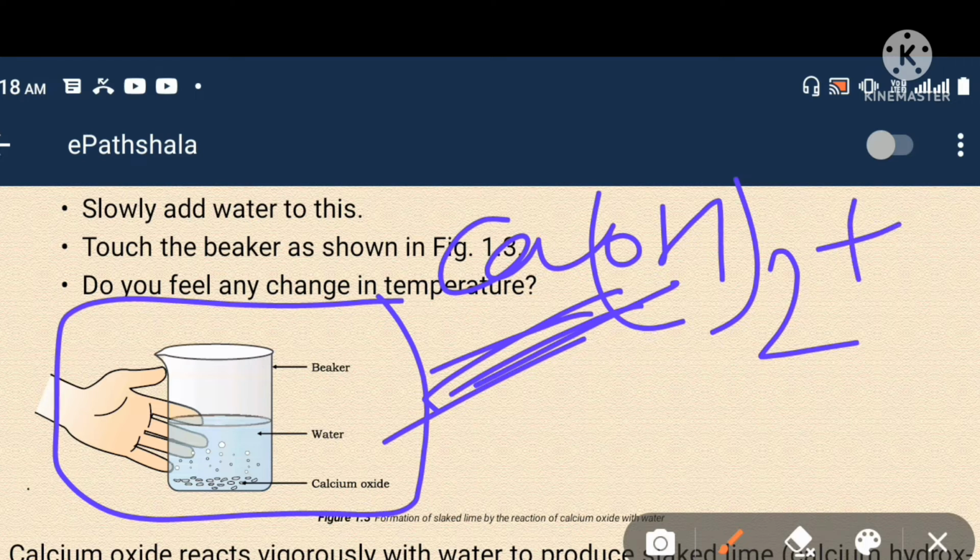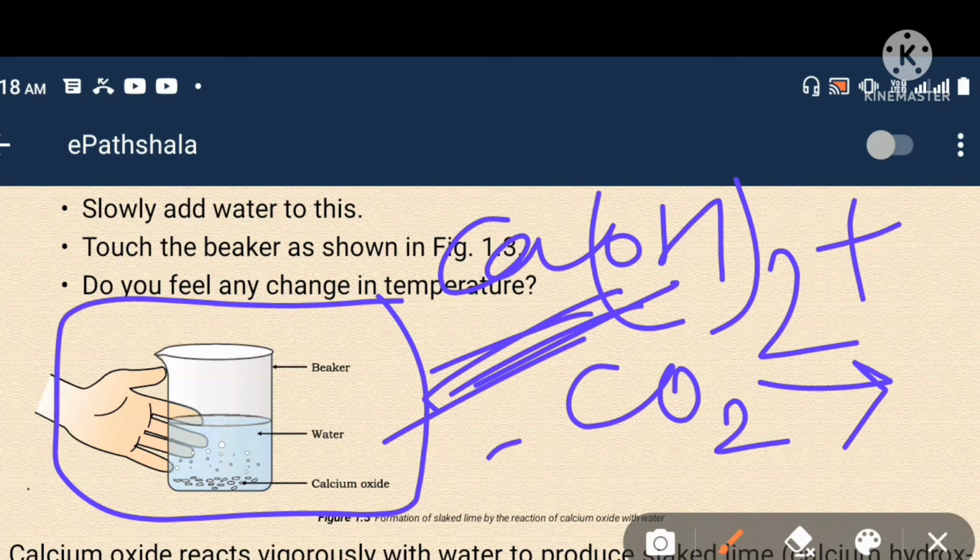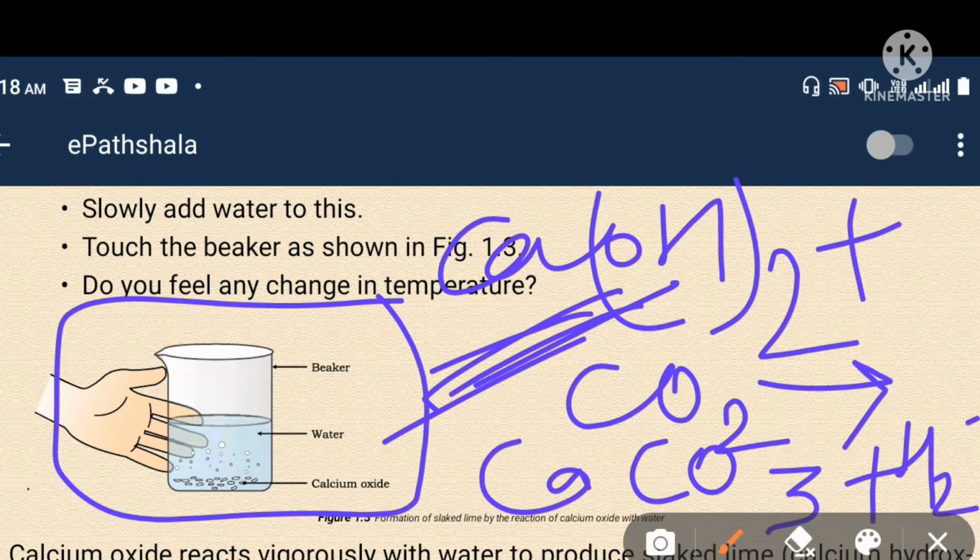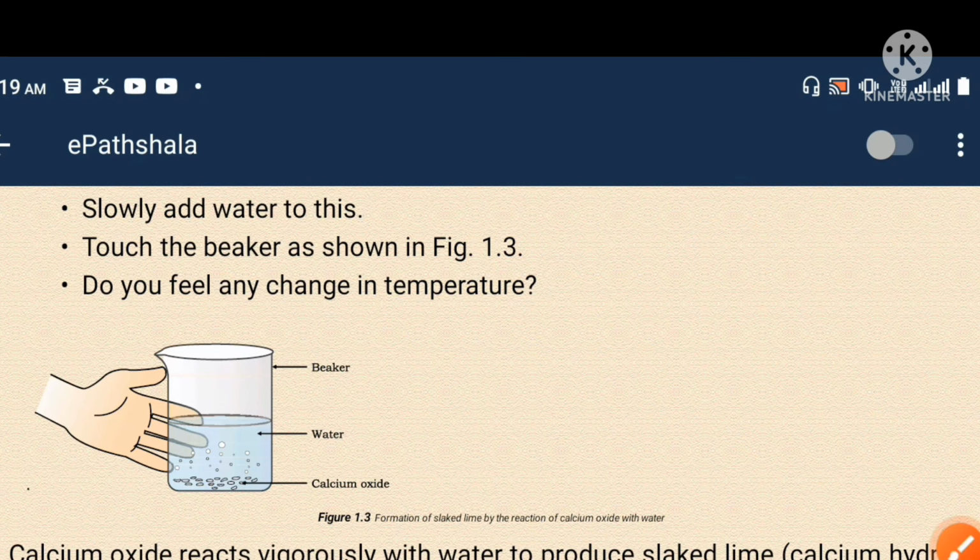So calcium hydroxide slowly reacts with atmospheric carbon dioxide and forms a thin layer of calcium carbonate plus water. That's why whiteness comes after 2 or 3 days of whitewashing.